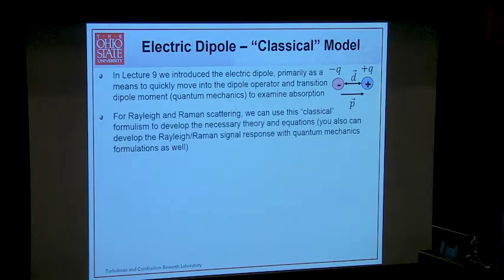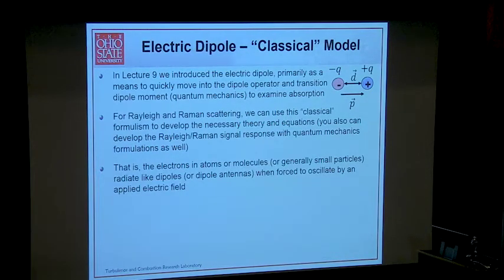For Rayleigh and Raman scattering, we'll actually use this formalism to develop the theory. I want to make sure it's clear, you can develop Rayleigh and Raman scattering equations through a quantum mechanics viewpoint. It's just that using these dipole mechanisms and models is very straightforward, and so I like doing them with this classical method.